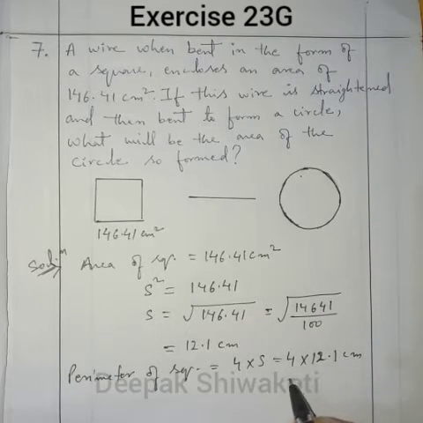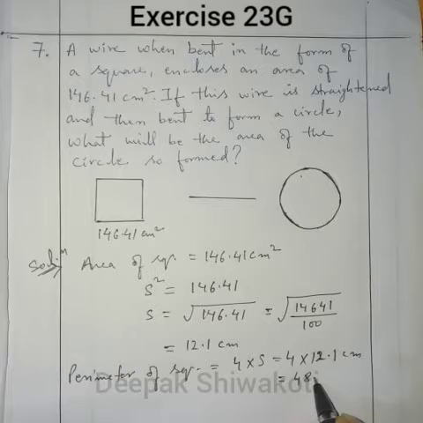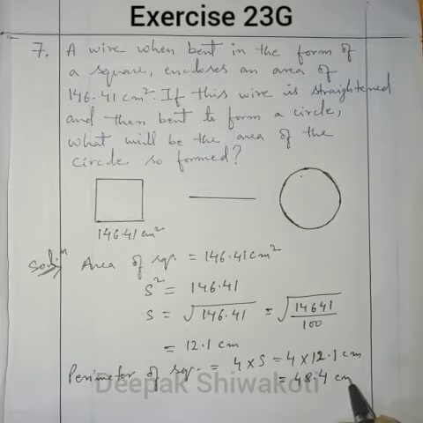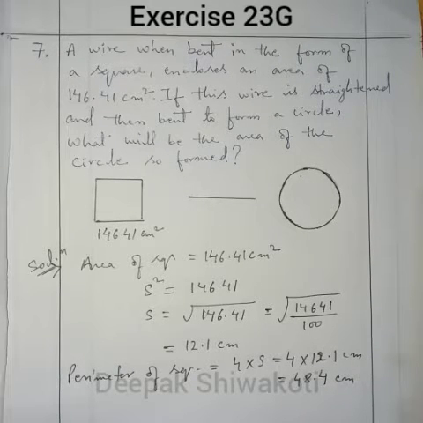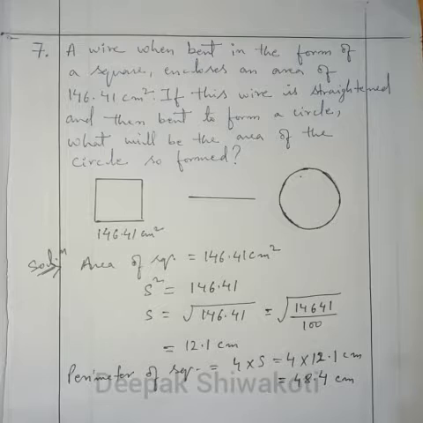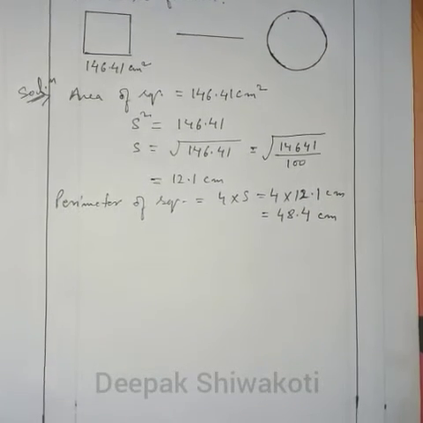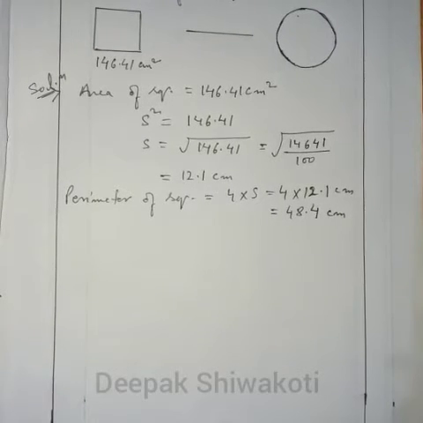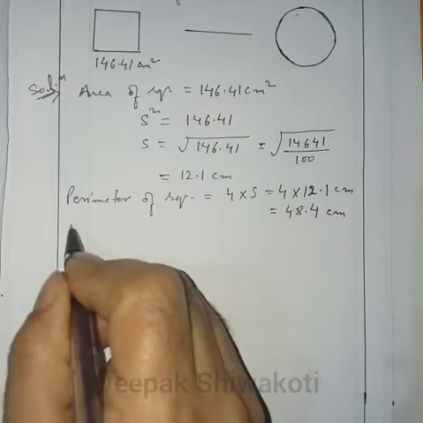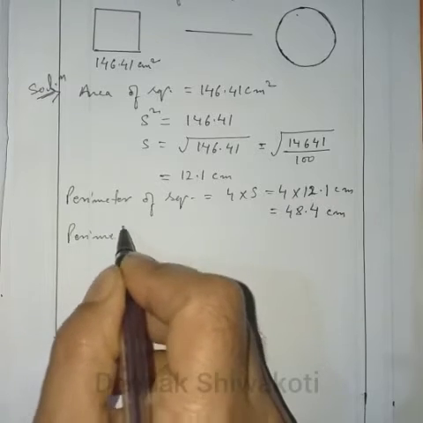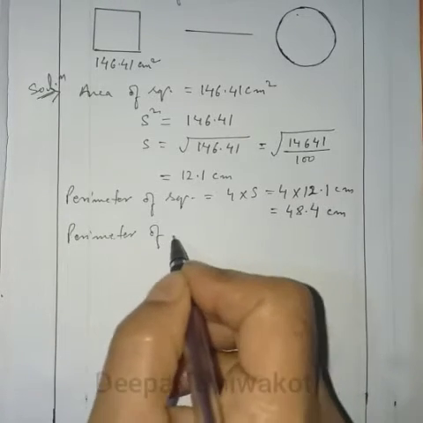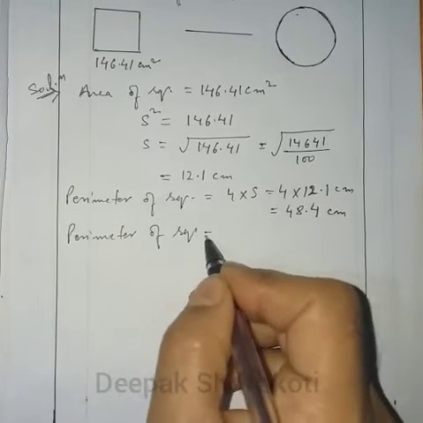Okay, so which will give us 48.4 centimeter. Now the perimeter of the square and the circumference of the circle are equal.